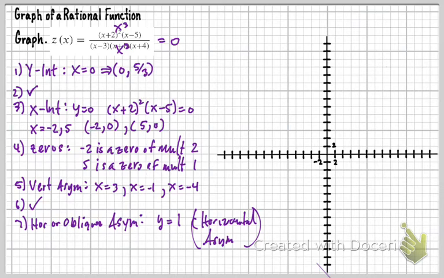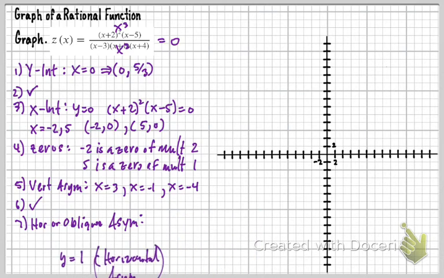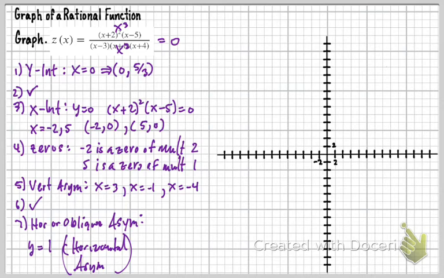So now step 8 says we can graph it. So that's what we're going to do now. We're going to graph this thing. I'm going to write this over to the other side here, though, so I have the room. All right, so now we're just going to put all of our information in here together. So the y-intercept is (0, 5/3), so that's (0, almost 2). So if you notice, all of these notches are 2 apart.